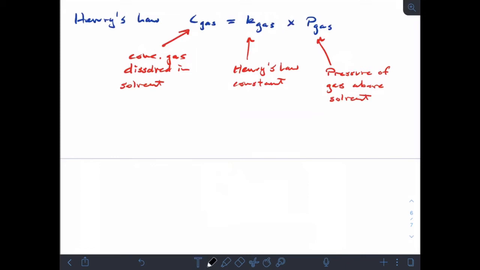So when we do Henry's law problems, we need to know what the Henry's law constant is. Okay, in order to understand either what is the pressure above the solvent or how much gas is dissolved, we need to know K gas. So when doing Henry's law problems, step one is to find K gas at a given temperature and solvent.